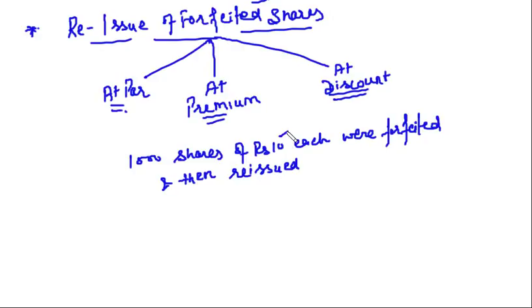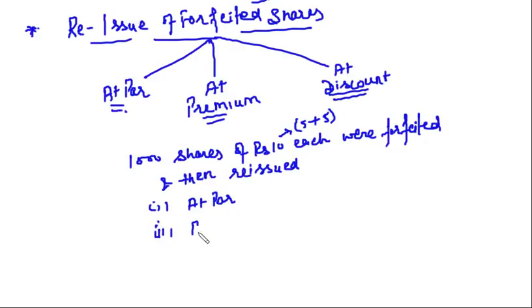On this, I will say 5 rupees was received, which was credited to forfeiture, and 5 was calls in arrears. This is what I am assuming. Okay. And then reissued number 1 at par.